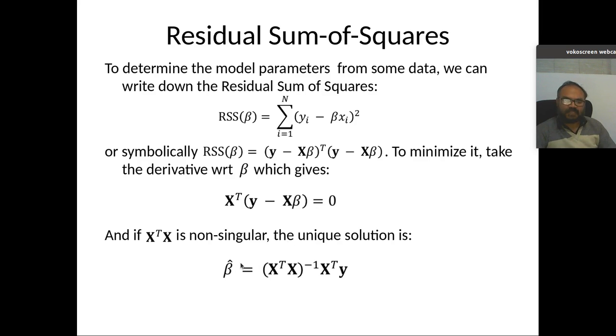The problem with this technique is the calculation of these matrices, because X transpose X is not necessarily invertible. If X transpose X is not invertible, we won't be able to solve the linear regression problem using this optimization technique.